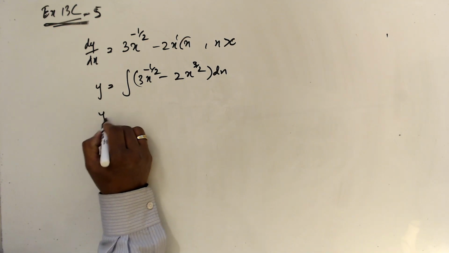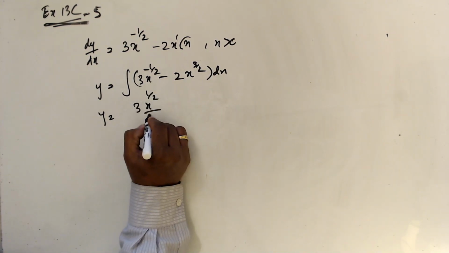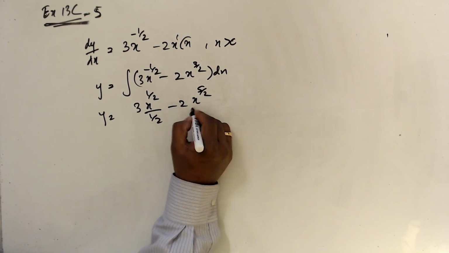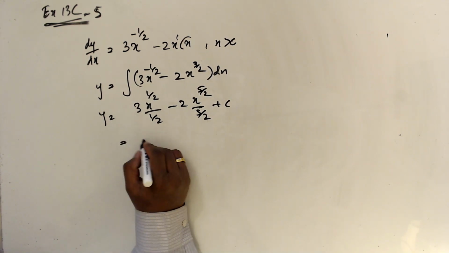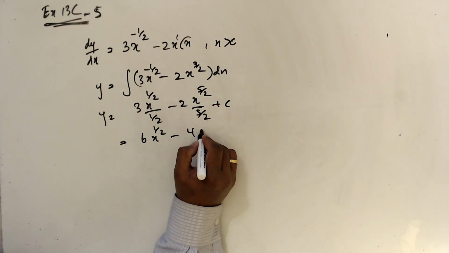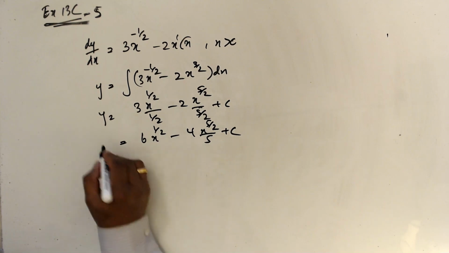So y equals 3x half divided by half minus 2x to the 5 over 2 divided by 5 over 2 plus. So this is 6x half, this is 4x to the 5 over 2 over 5 plus c. This is y.